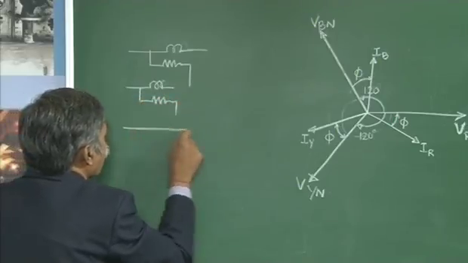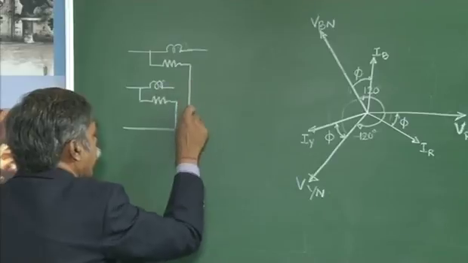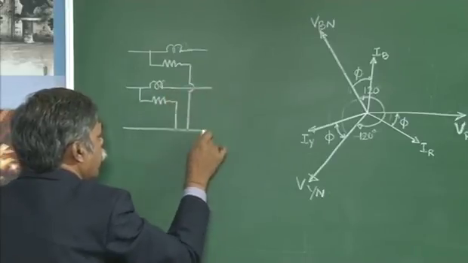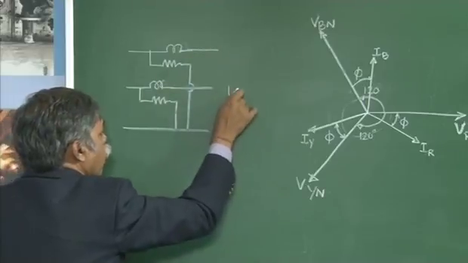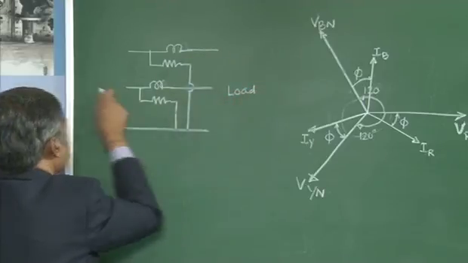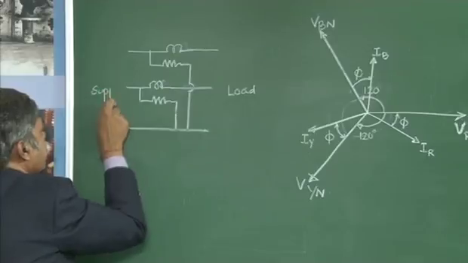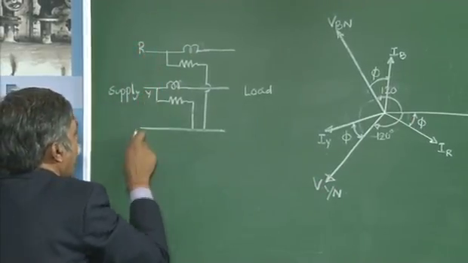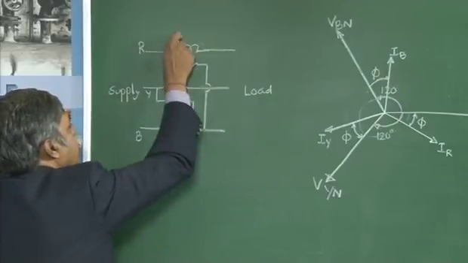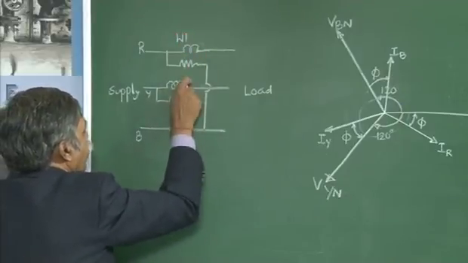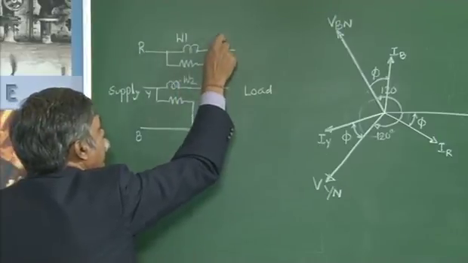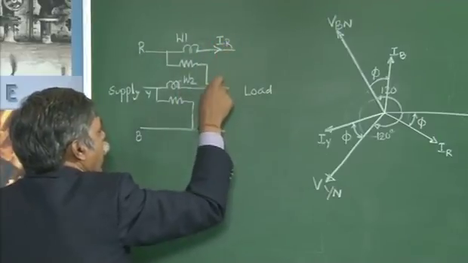Now these potential coils are connected to line B. This side we have a load and this side we have a supply. This is R, Y and B. I call this W1, this I call W2, or P1, P2, whatever you want you can write. So this is IR and this is IY.